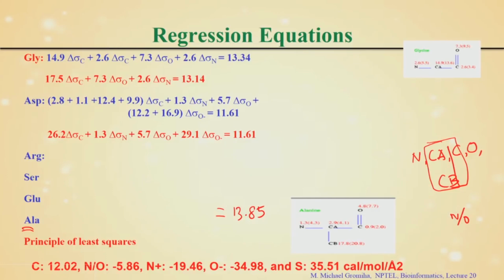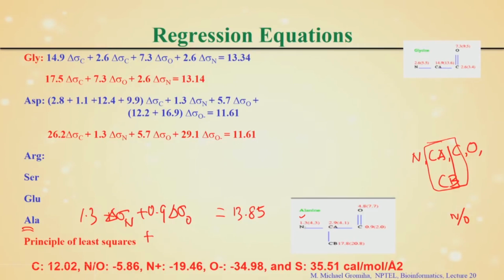In this case this N is 1.3 delta sigma N, here is O, 0.9 delta sigma O, plus for the C.